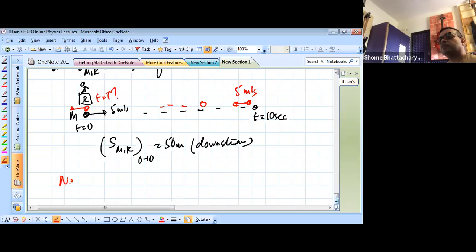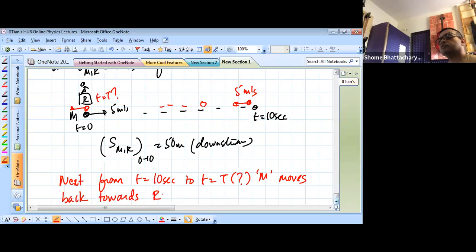So next, from t equal to 10 seconds to t equal to capital T, the motorboat moves back towards the raft at 5 meters per second relative to it.